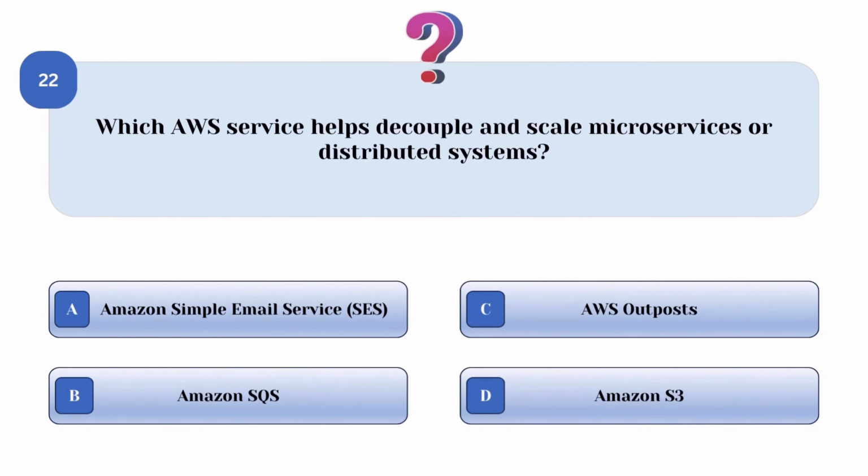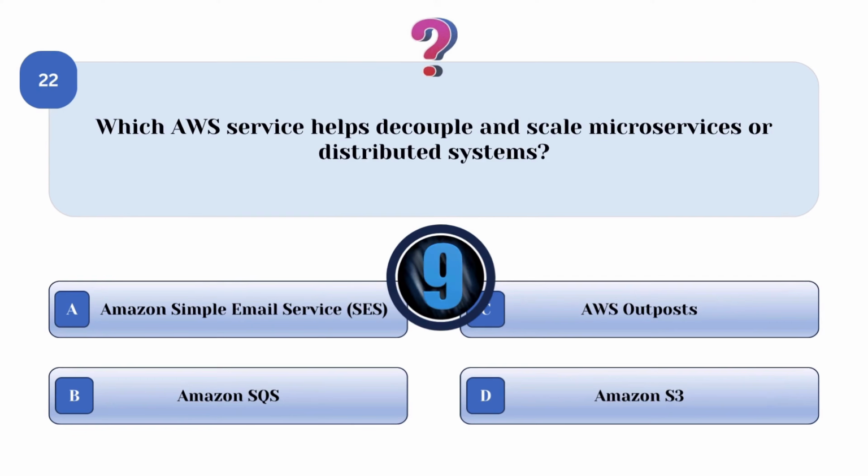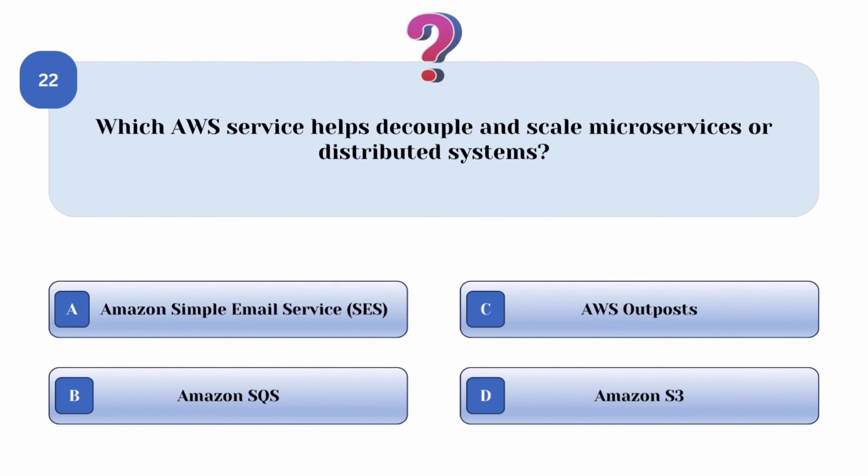Which AWS service helps decouple and scale microservices or distributed systems? Correct answer: Amazon SQS.